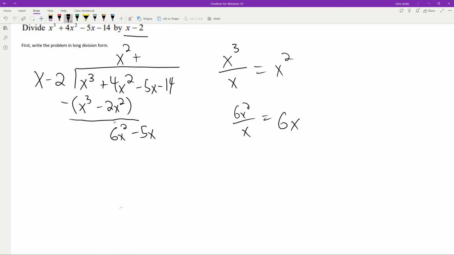So I'm going to write a plus 6x here because 6x is positive, right? Now I do 6x times x minus 2, the entire thing. 6x times x minus 2 is 6x squared minus 12x. I place parentheses around this, and I am going to subtract.